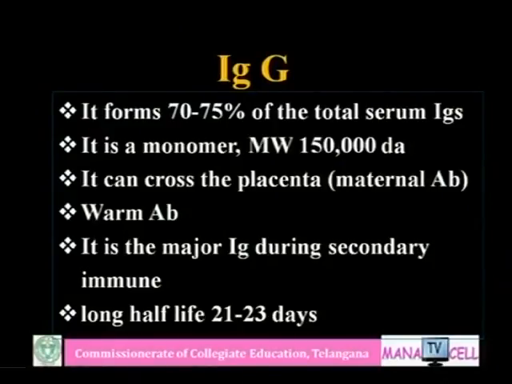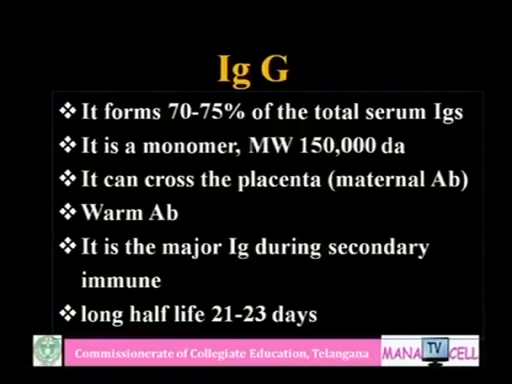so it is called the maternal antibody. During the embryonic stage, to protect the fetus, IgG transfers from mother to fetus with the help of the umbilical cord. It is also called a warm antibody, as it requires 37 degrees Celsius for the reaction, and it is produced during the secondary immune response.